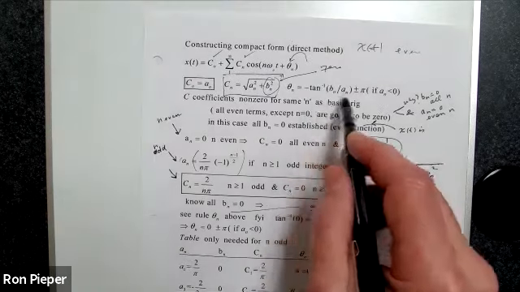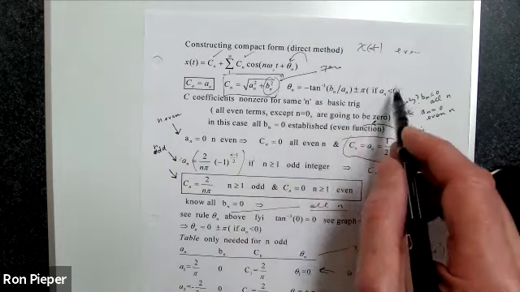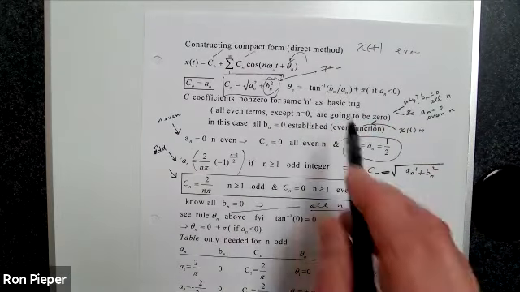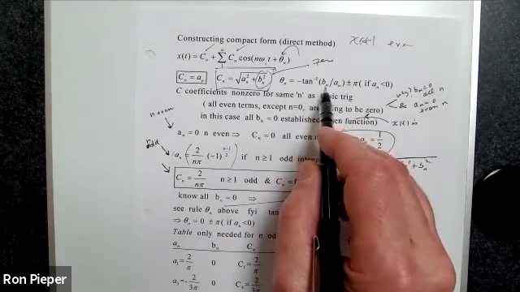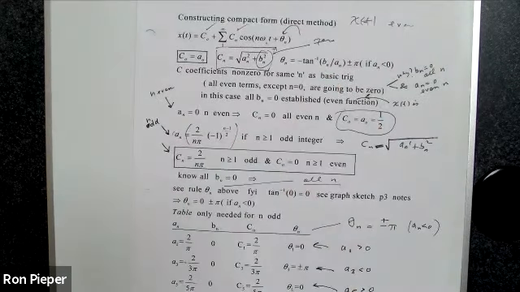We have this formula up here at the top. Now, if we look at the formula, we see that inverse tangent rule that we came up with has the Bn in the numerator of that ratio. Now, what do we say all the Bn's have to be, whether it's even or odd?